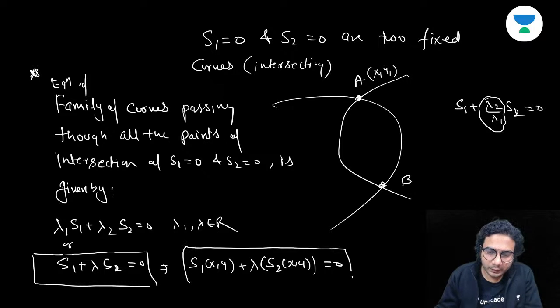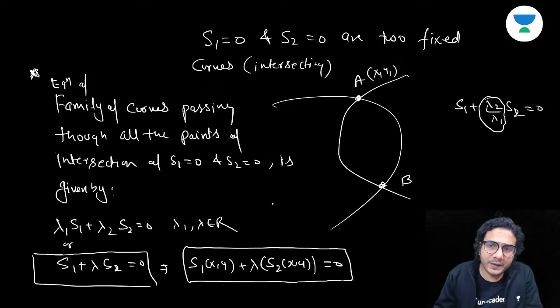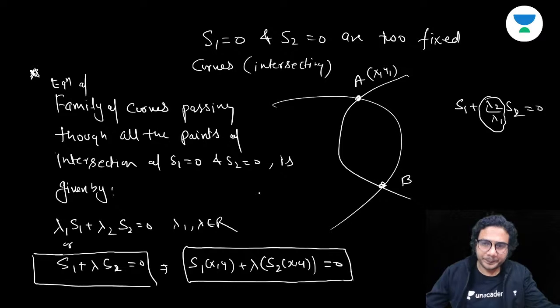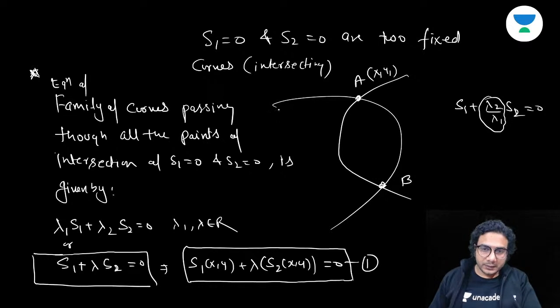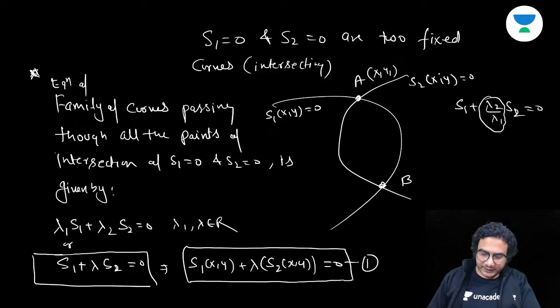If this curve is passing through (x1, y1), then (x1, y1) must satisfy this equation for all values of lambda. We are saying that this curve is passing through (x1, y1), then S1(x1, y1) is equal to 0, and S2(x1, y1) is equal to 0. Can somebody explain this?